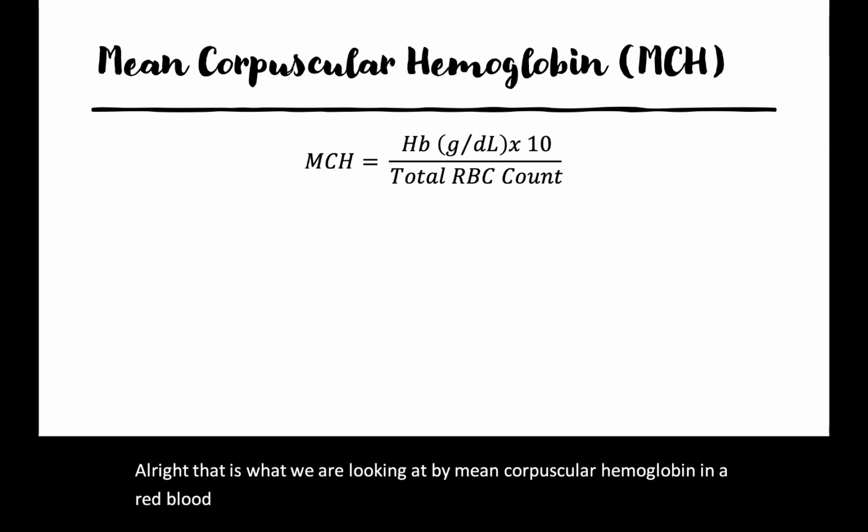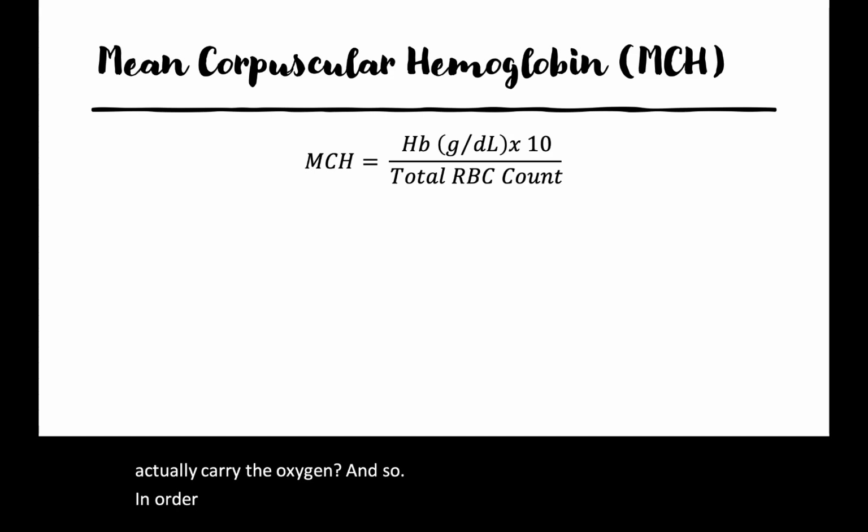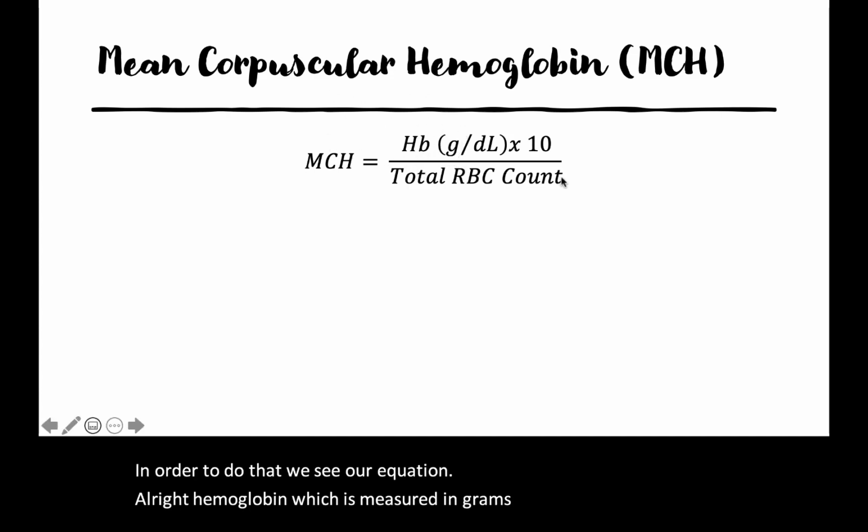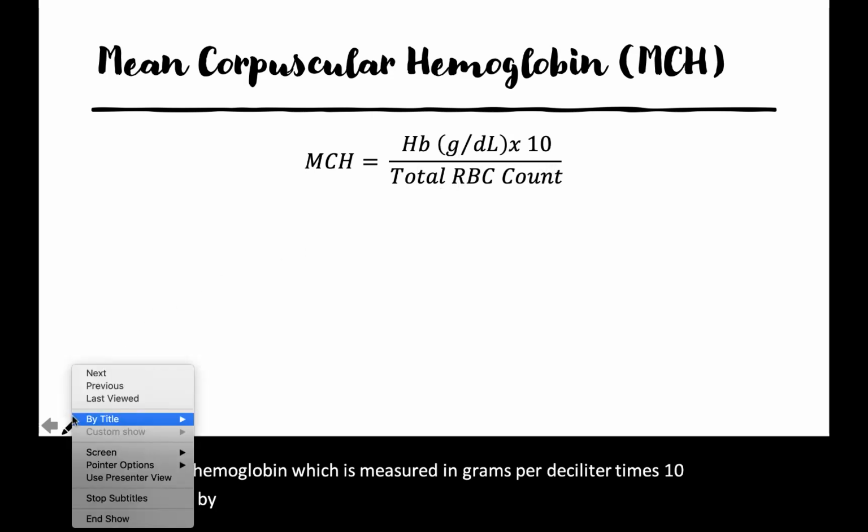In other words, is there enough hemoglobin to actually carry the oxygen? In order to do that, we see our equation: hemoglobin, which is measured in grams per deciliter, times 10, divided by the total RBC count.